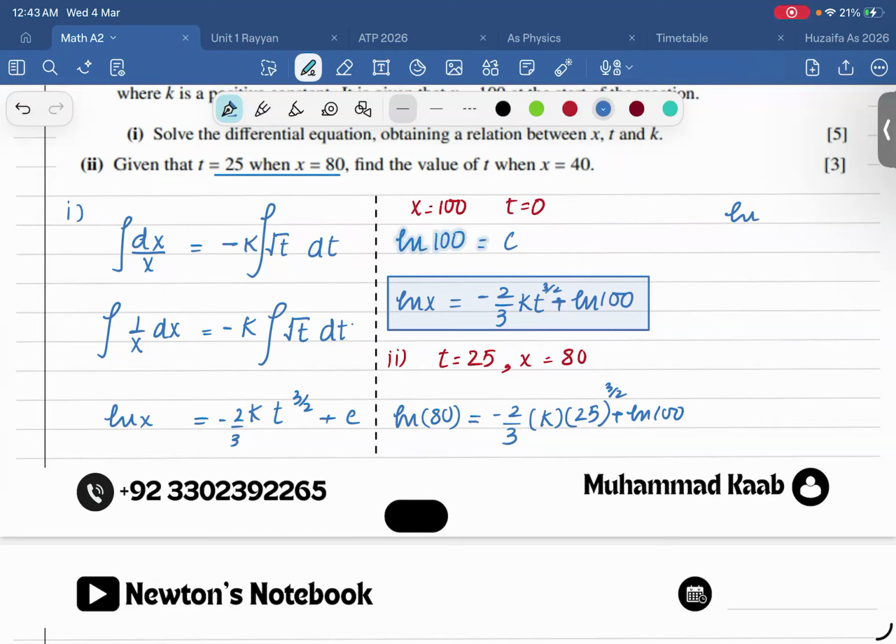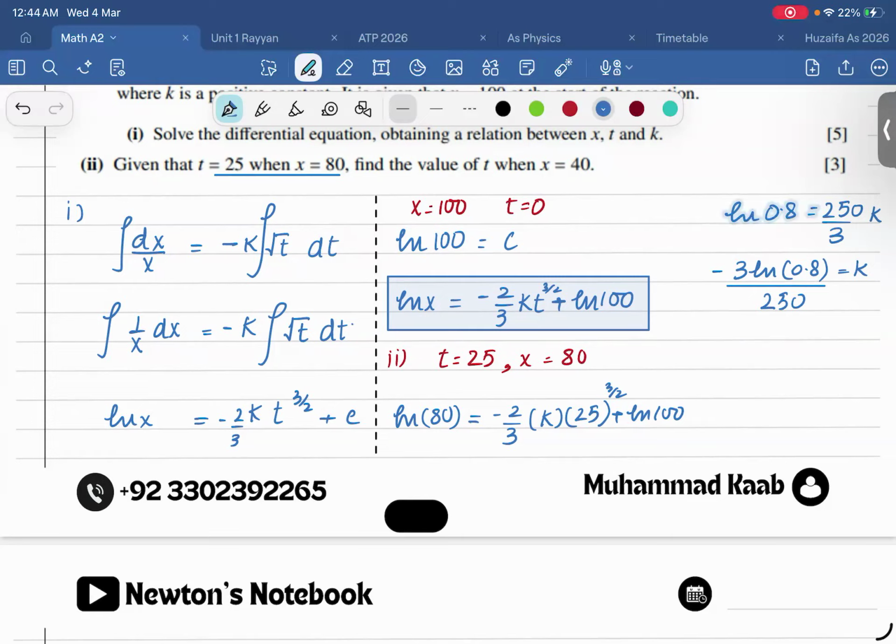So ln 0.8 equals, square root of 25 would be 5, and 5 cubed is 125, so it would be minus 2 over 3 times 125 times k, that is 250 over 3 k with a negative sign. Okay, so 3 ln of 0.8 over 250 with a negative sign is the value of k, right?